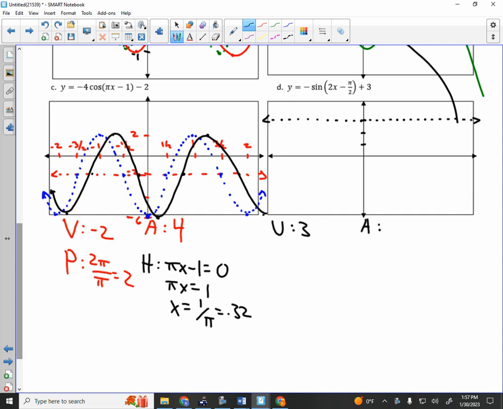Your amplitude is 1. So what does that mean? Max of 4, minimum of 2. So the entire sine graph is going to stay between the values of 2 and 4. It's not going to drop down to the x-axis at all. Now what? Period is 2 pi divided by 2, which is pi.